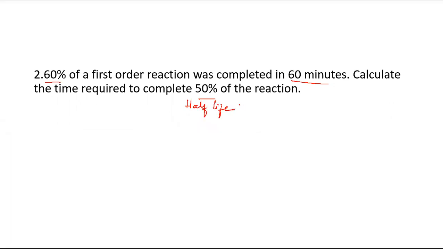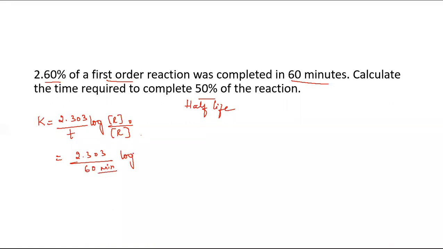But we do not have any values here except the percentage value and the time. Since it is a first order reaction and the time is also given, K we need to find out. The formula is K is equal to 2.303 divided by T into log R0 divided by R. So 2.303 divided by the time given, 60 minutes, into log of the initial value.